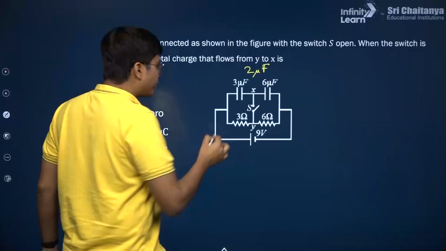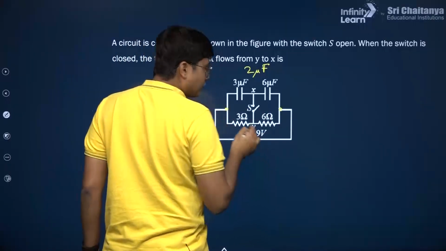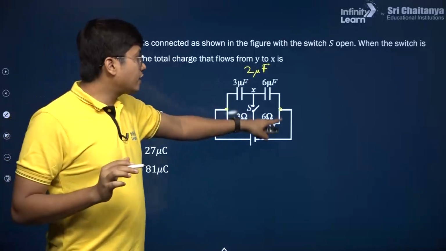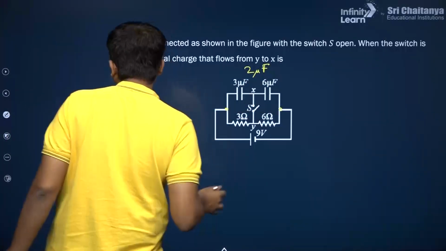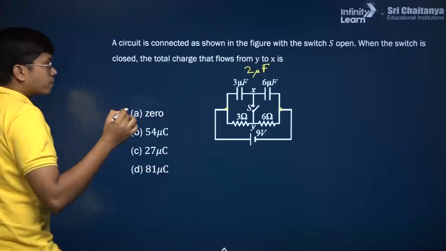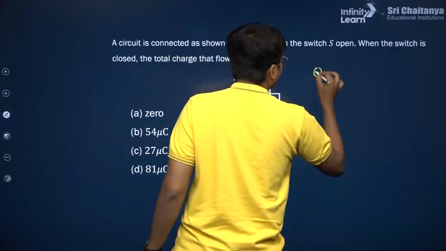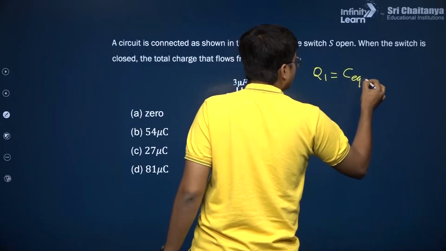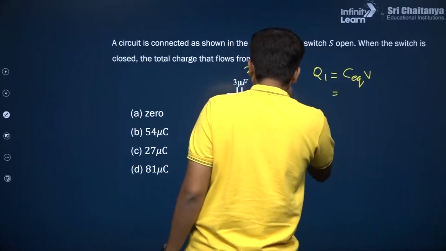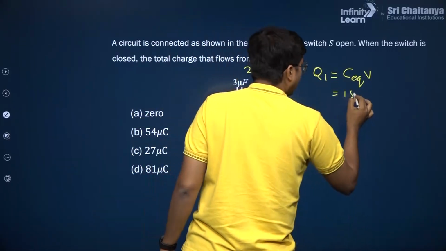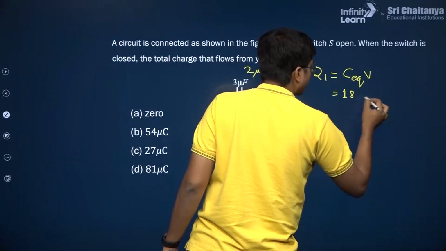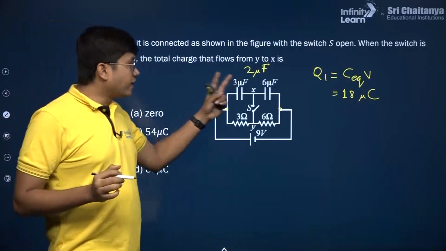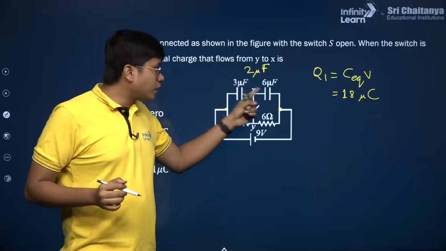Now the potential difference is this 9 volt over here, which means the charge in this piece is given by Q1 equal to C equivalent into V, which is 2 into 9, that is 18 microcoulomb. In series, it's the same charge in both of them.